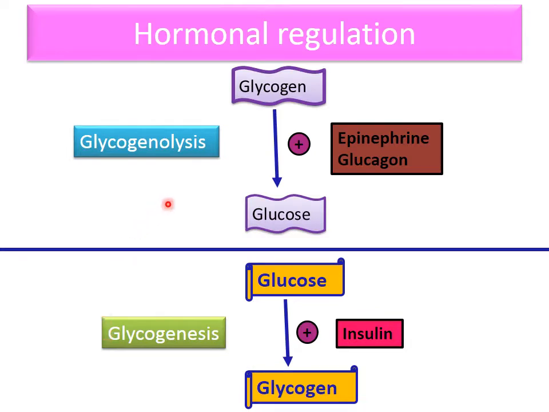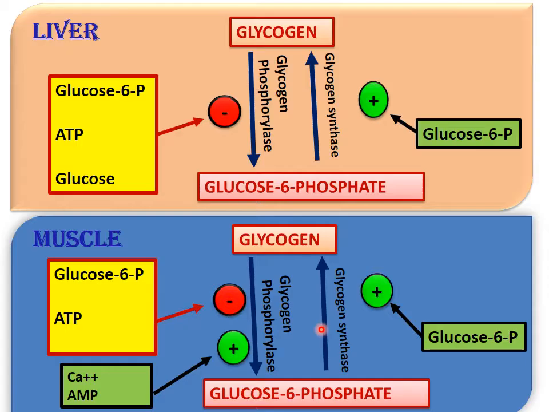Now we see glycogenolysis and glycogenesis. Epinephrine and glucagon favor the breakdown of glycogen, whereas insulin favors the synthesis of glycogen. In liver and muscle, you can see glycogen is converted into glucose 6-phosphate, favored by glycogen phosphorylase enzyme.